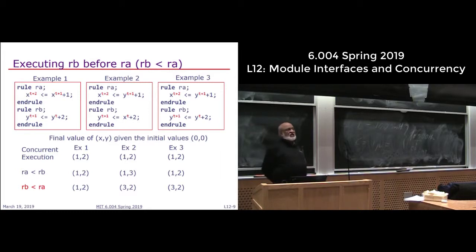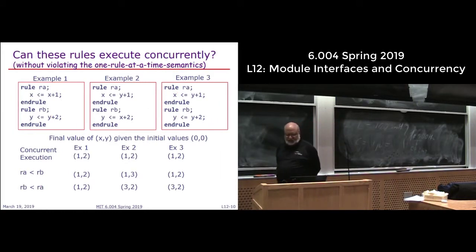So what can we say about the concurrency properties of these two rules? Notice in the first case, concurrent execution matches RA before RB. It also matches RB before RA. That is great. It's saying it doesn't matter what order you execute them in.